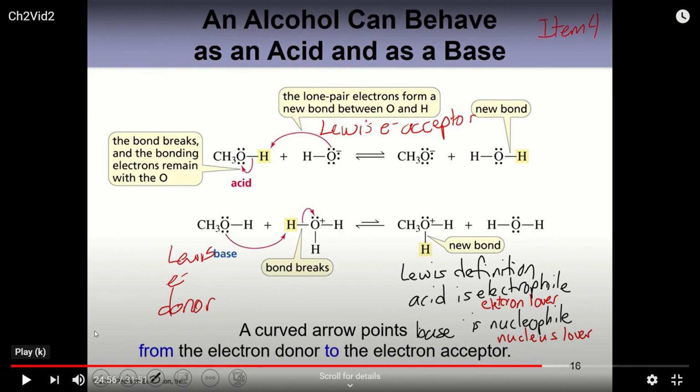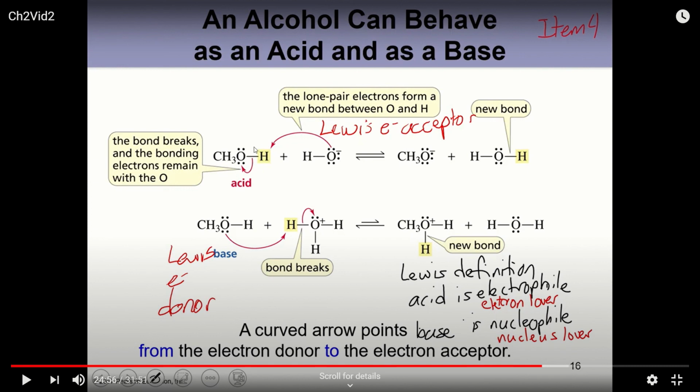So just quickly here, when we have an acid, we have to have a positive charge. The oxygen to hydrogen bond is a polar bond, with oxygen being a more electronegative atom.